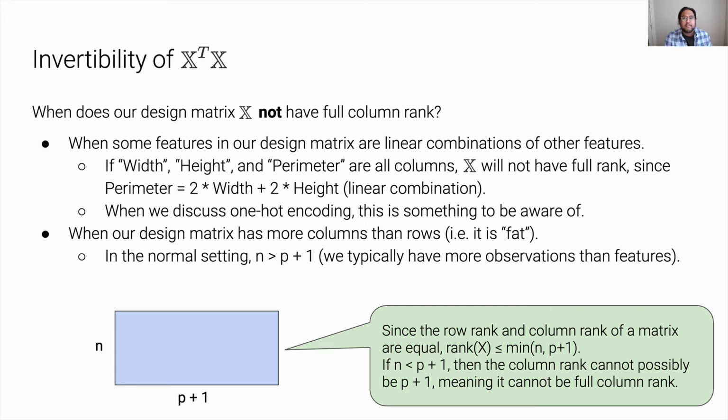And so if we have fewer rows than columns, the maximum possible rank of our matrix is the number of rows, but by definition then that is less than the number of columns we have, and so the maximum column rank of the matrix is less than the total number of columns. And so the rank of our matrix, which again is the same as its column rank, will not be p plus 1, and so the rank of X transpose X won't be p plus 1, and so it won't be invertible. So these are scenarios to watch out for.